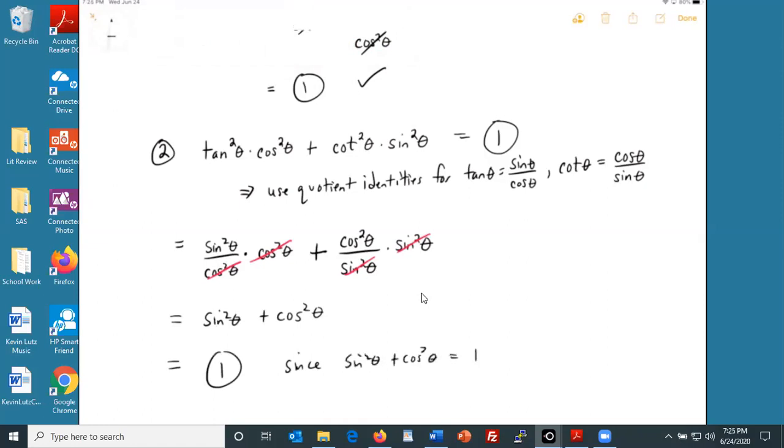That's just the first identity, the one that was starred 3 times. That's why it equals 1, because we showed that sine squared plus cosine squared is 1. Voila.